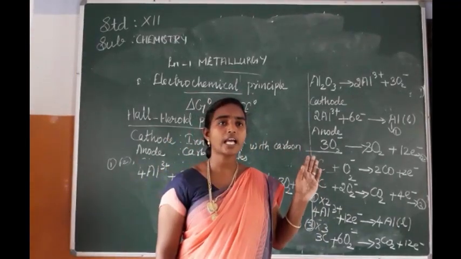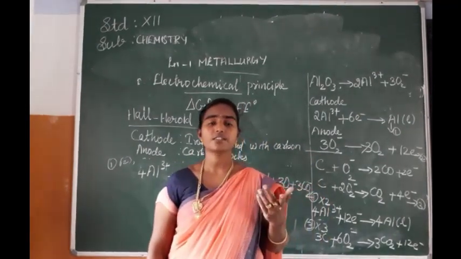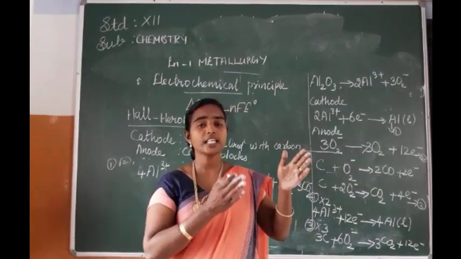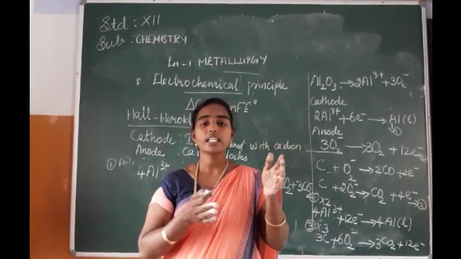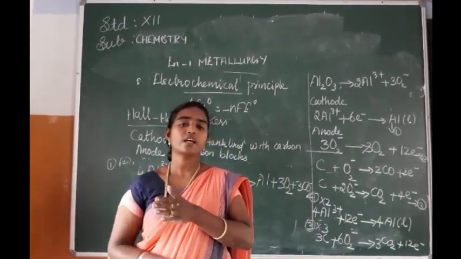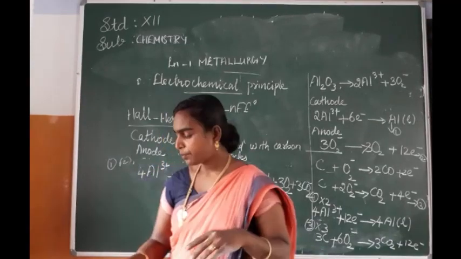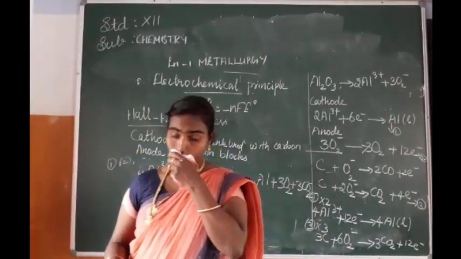Mond process and Van Arkel process. Then uses also we have seen: zinc, silver, iron, copper, gold. So once again I am repeating from the first topic onwards.